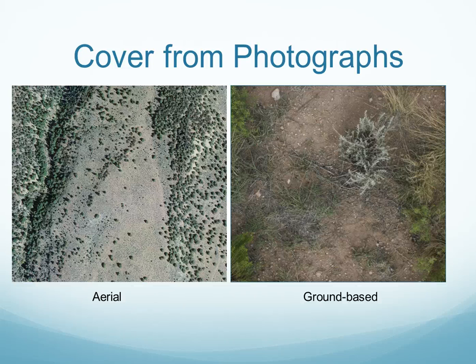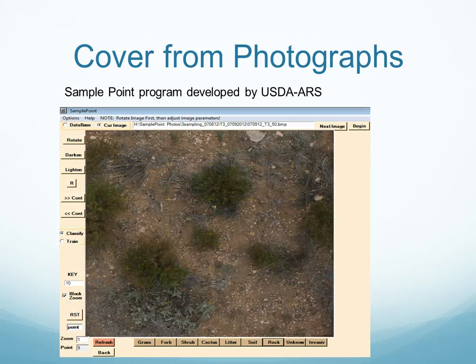We're going to focus on a program that was developed by the USDA Agricultural Research Service called Sample Point. And this is a very useful tool because the way that it works is you have an image. Your image can either be a ground-based image, as the one we see here, or an aerial-based image.